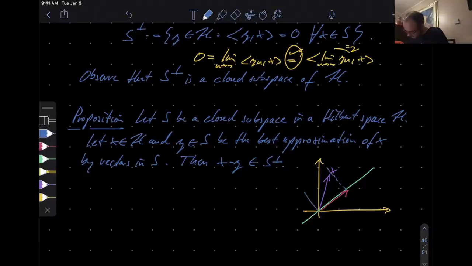And then the x minus y vector is this one, and this one is obviously orthogonal to the green line. The orthogonal complement of the green line has to be a subspace, so it is precisely this one. This is your S and this is your orthogonal complement, and that's precisely where x minus y lies. That's the geometry. Now here, of course, in infinite dimensional cases, I can't draw pictures.